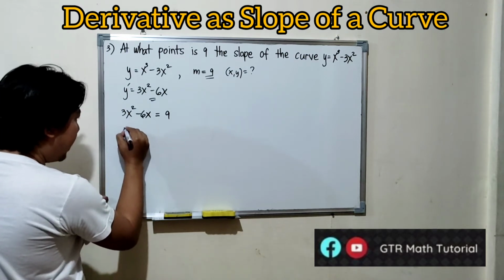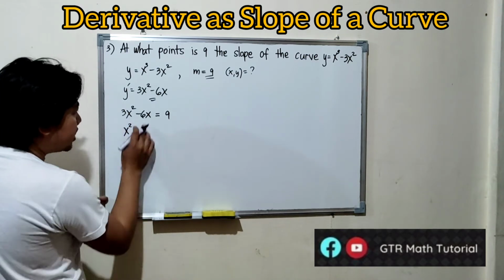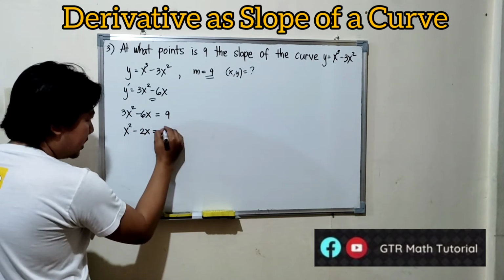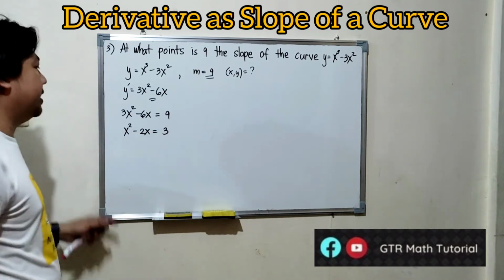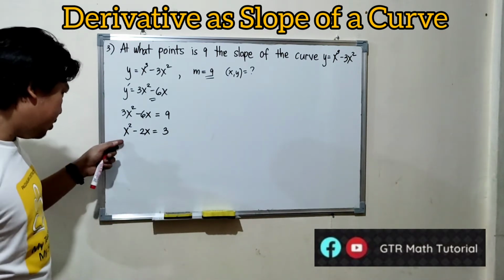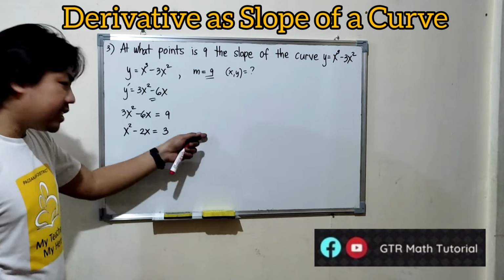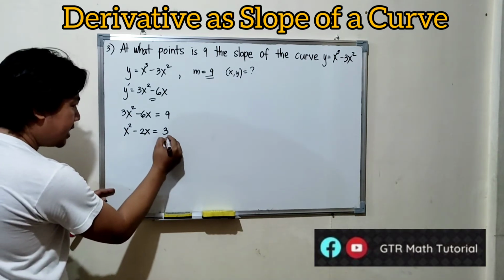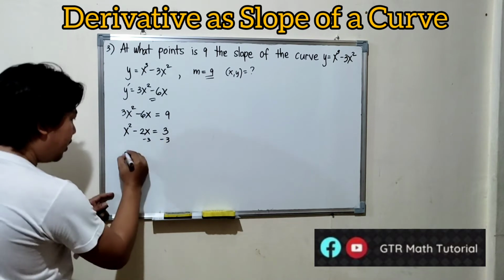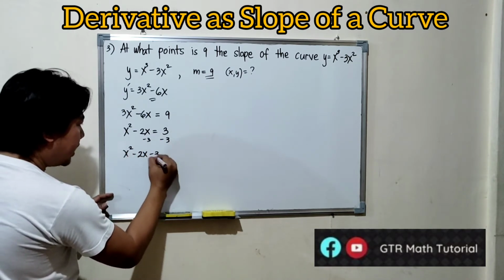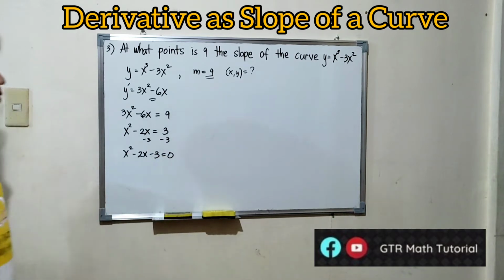So we have x squared minus 2x equals 3. Then to solve, make the right side 0. Subtract 3 to both sides of the equation. So we have x squared minus 2x minus 3 equals 0.